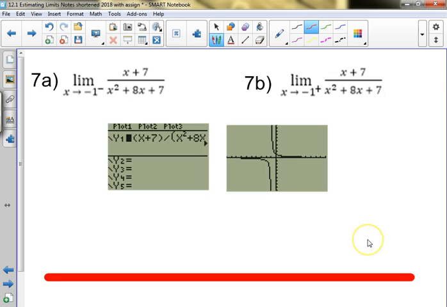Last question for today. As this is asking what? Negative 1 from the left. Here's negative 1. What are some numbers I could test?